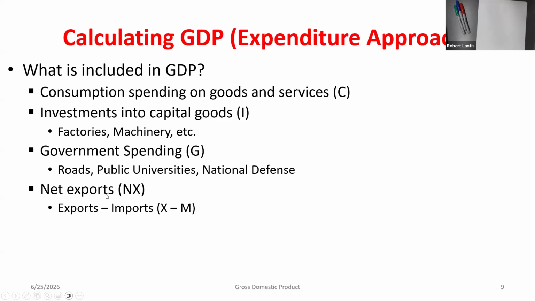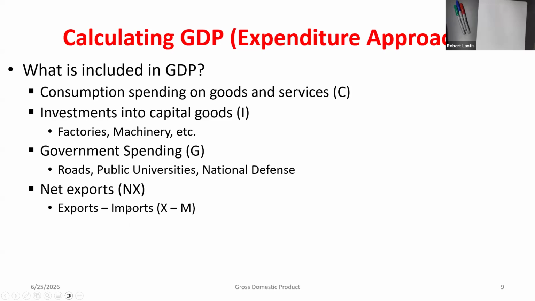Yes, someone else is buying it, but it's something our economy produced. When we import something, yes, we're buying it, but we're not buying it from someone who produced it domestically. We're buying it from another country. So that product isn't being produced in our economy or our nation. So instead of adding in imports, we would actually subtract them.